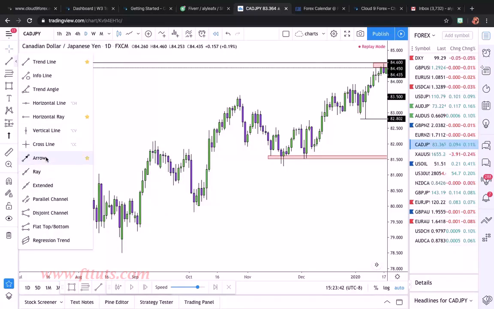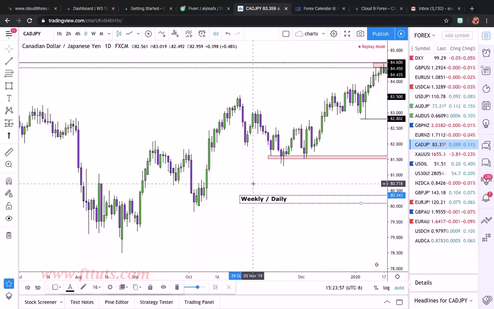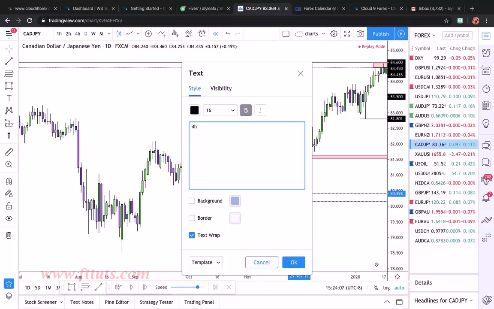So basically what it is, we have weekly and we have daily, and then we have 4 hour and we have 1 hour.